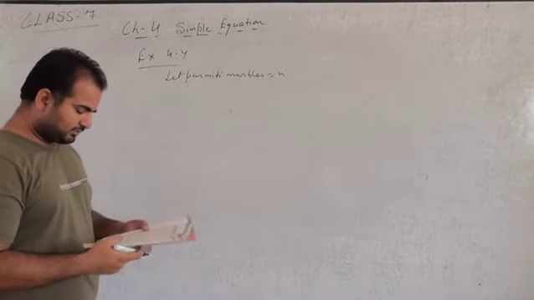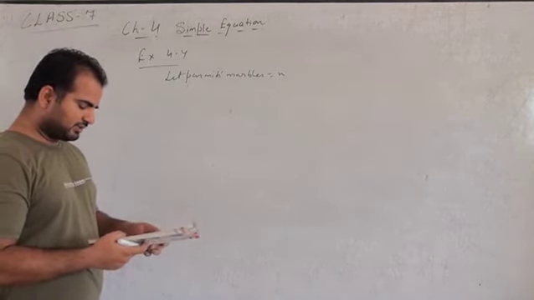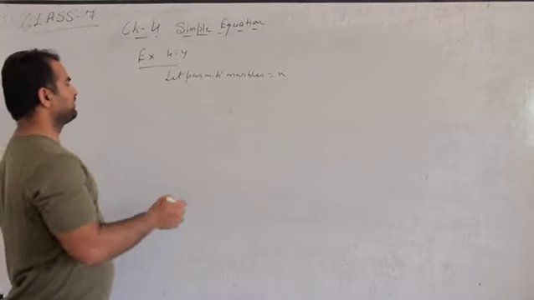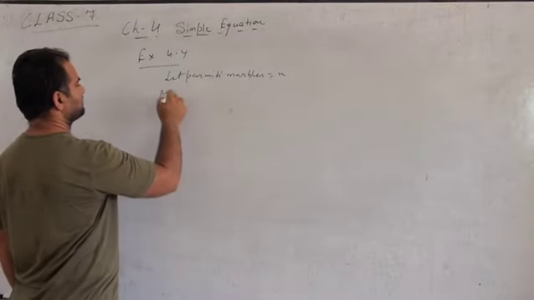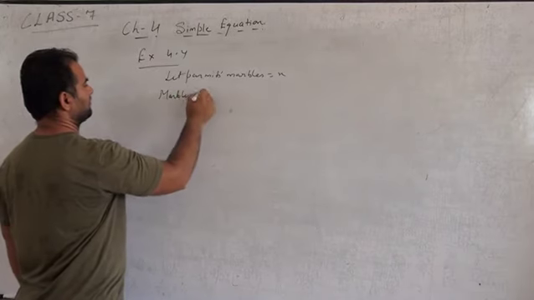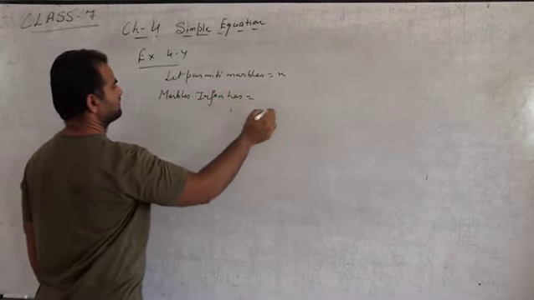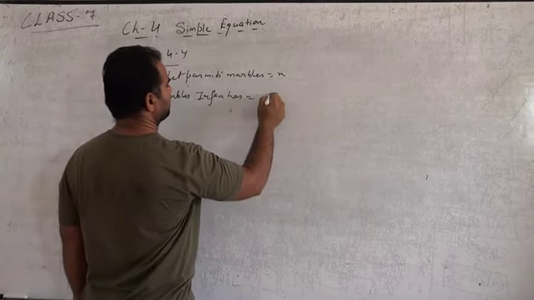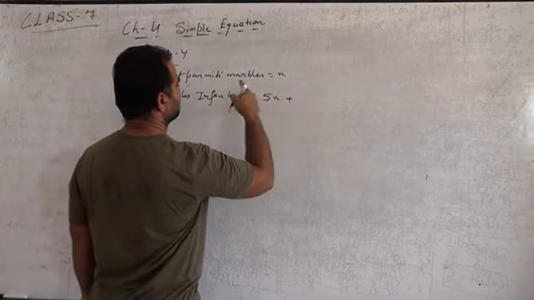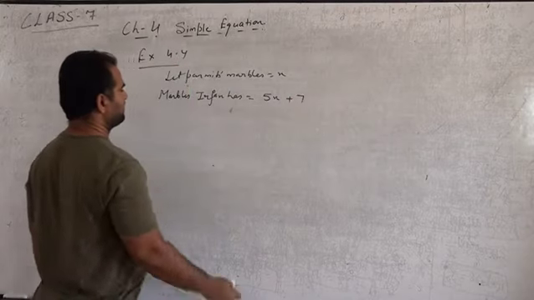How many does Irfan have? 7 more than 5 times the marbles Parmeet has. So the marbles Irfan has equals 5 times Parmeet's plus 7.